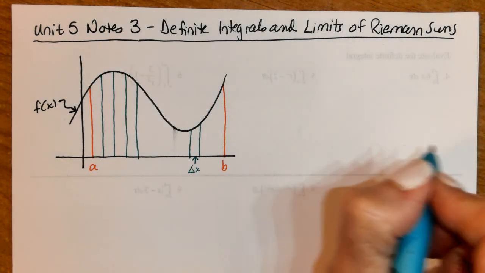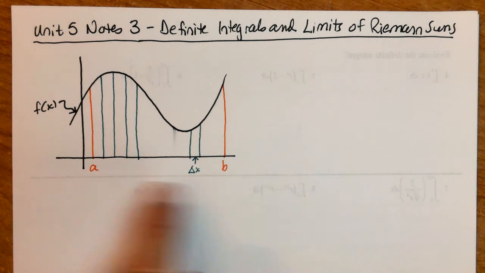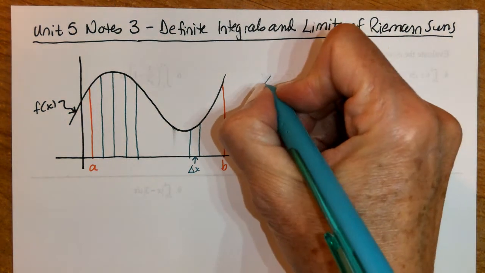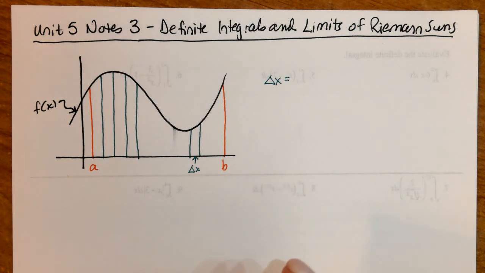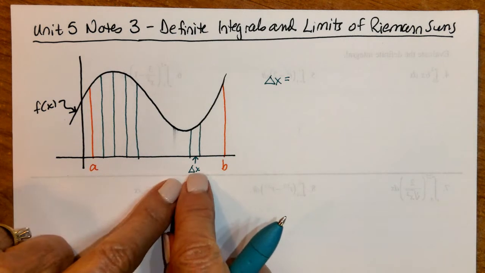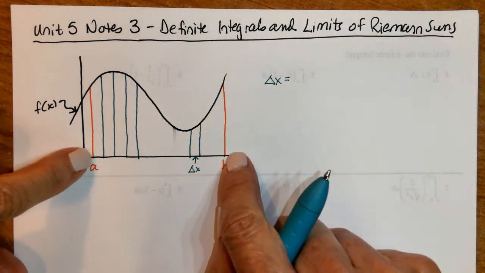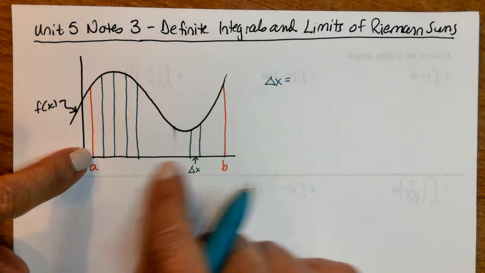Okay, first of all, let's get an expression for delta x in terms of a and b. In class I would let you guys come up with an expression for delta x. Delta x would be b minus a divided by however many rectangles we have.